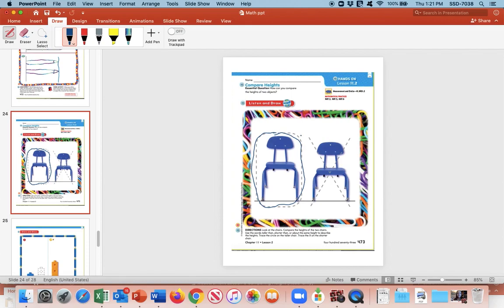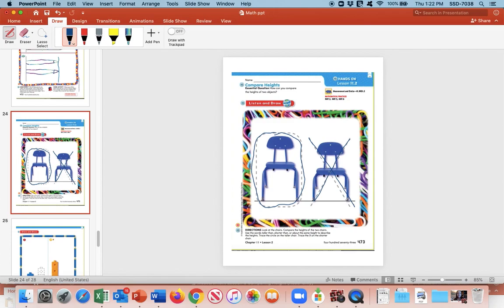And then we're going to mark an X on this chair because we can see that this chair is shorter than the other chair. We can tell by looking at the tops of the backs of the chairs. We can see here that both of them are on the ground on the line. And then we look here, we can see that this one is shorter than this one.